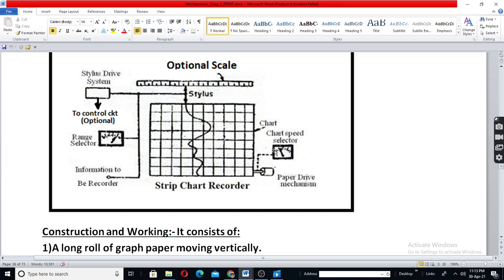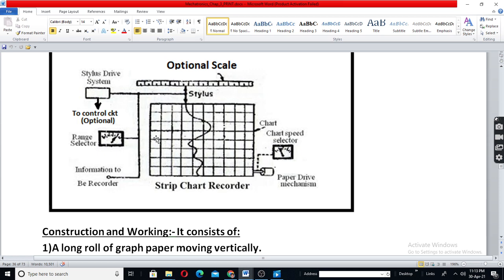So what happens is it will be continuously rotating and this pen will mark on the paper. This pen will give some ink. It will be touching the paper lightly but firmly. As the paper moves, the mark will appear permanently on the paper.